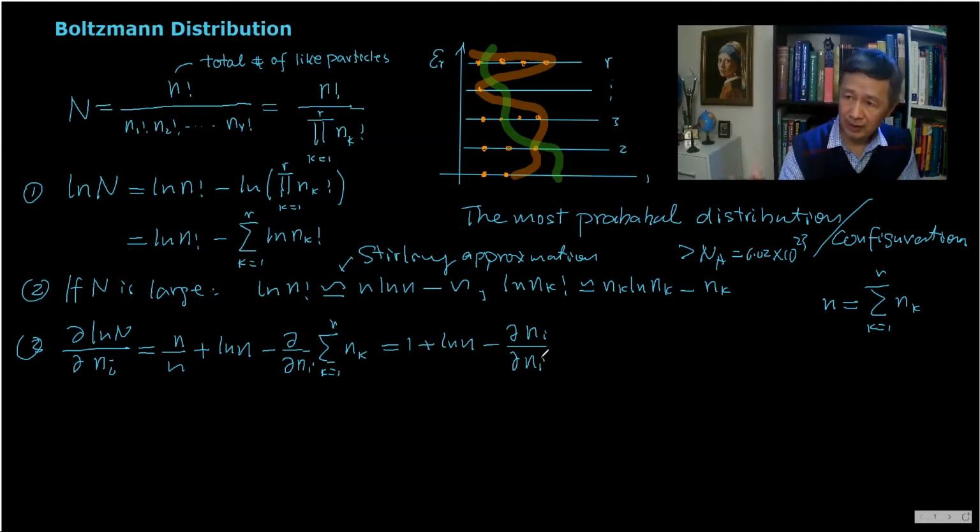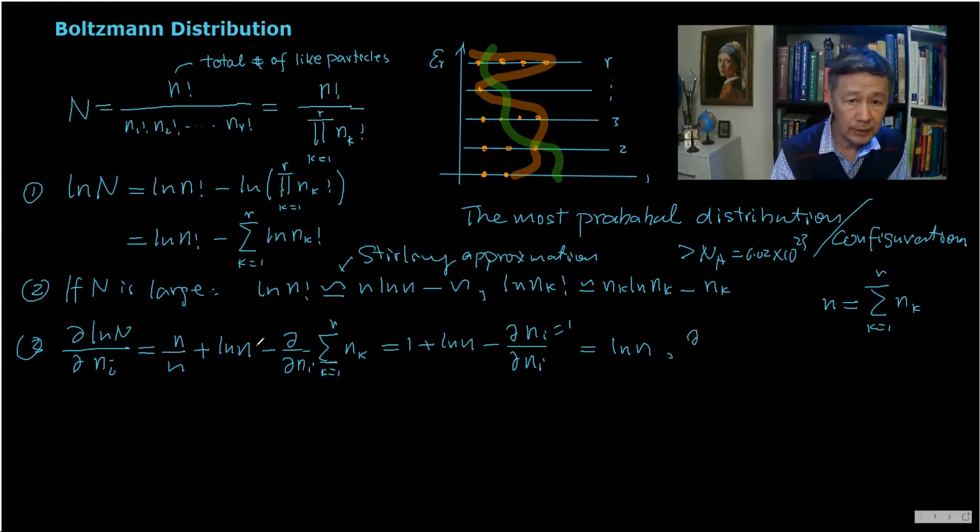Other terms vanish, so the sigma notation vanishes too. Of course this term just equals 1, so we get this simple formula, log n.